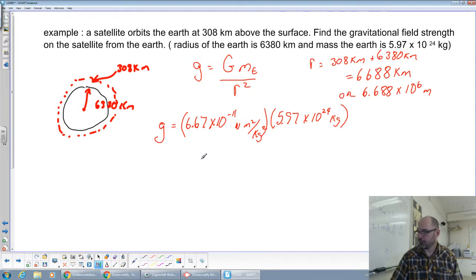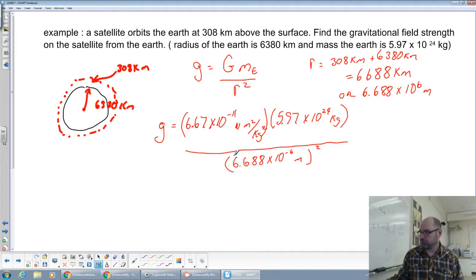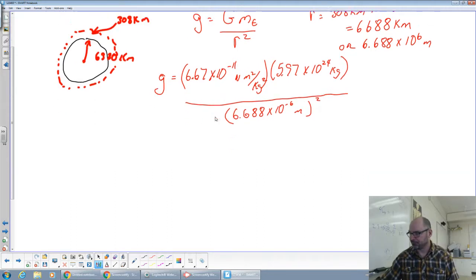It's good. That's going to cancel the meter squared out and one of the kilograms, and we're left with newtons per kilogram. Okay, so the first thing we should do is figure out the top.